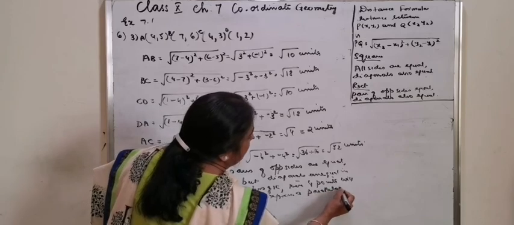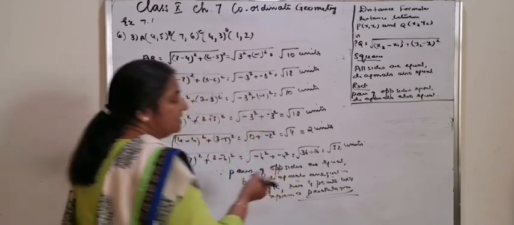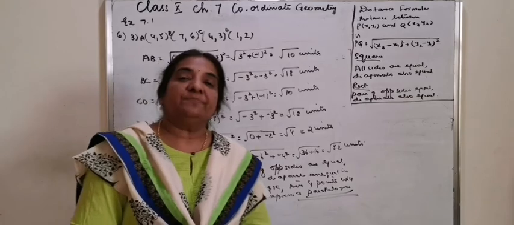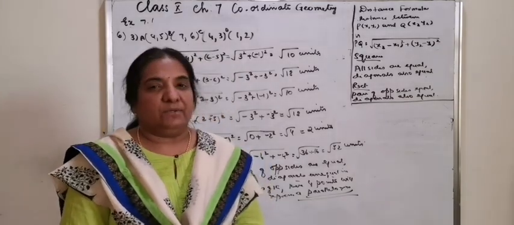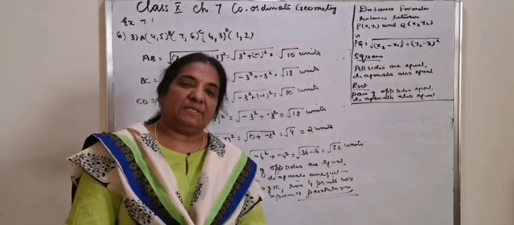It will not represent a rectangle. It will represent a parallelogram, because in a parallelogram, pairs of opposite sides are equal. The remaining questions we will do in the next class.